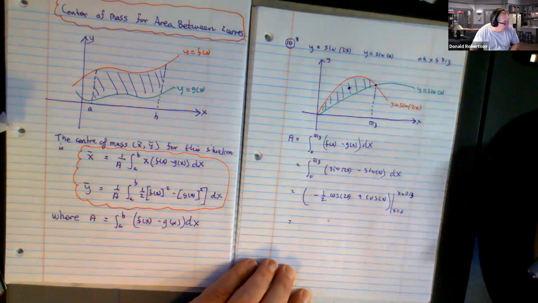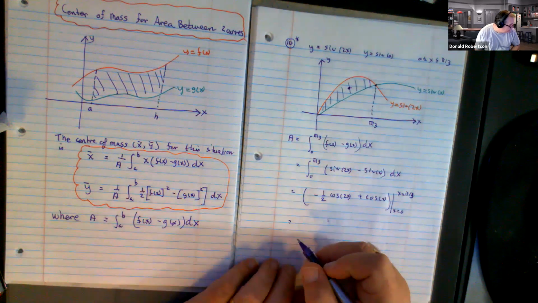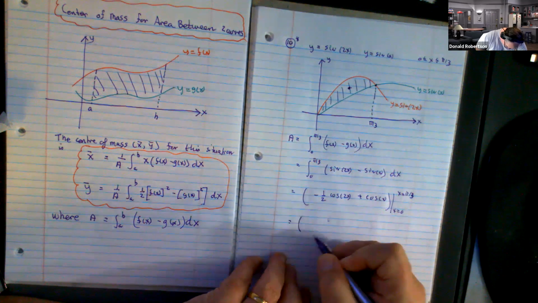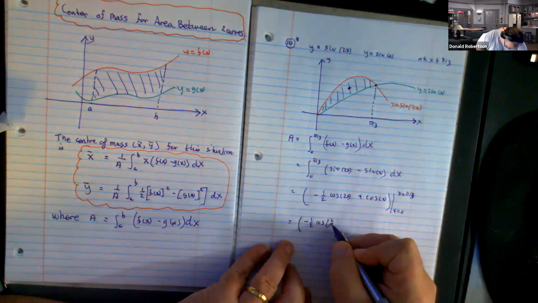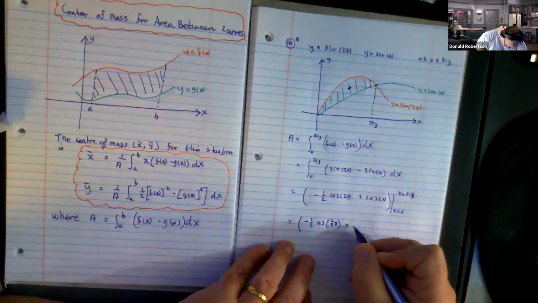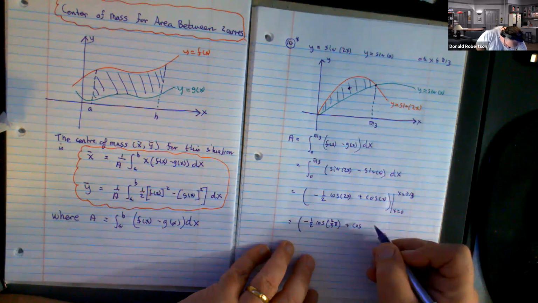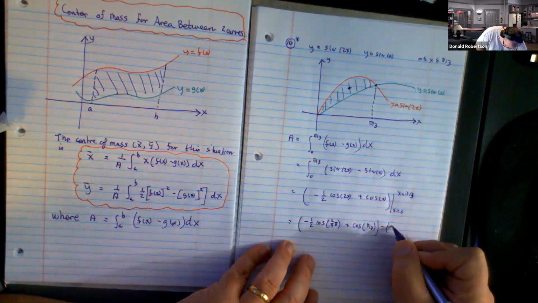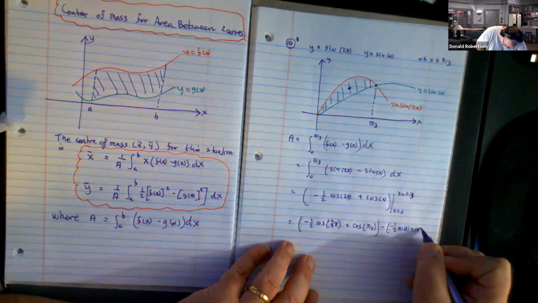So what we have now is negative 1/2 cosine 2/3 pi plus cosine 1/3 pi, take away negative 1/2 cosine of 0 plus cosine of 0.